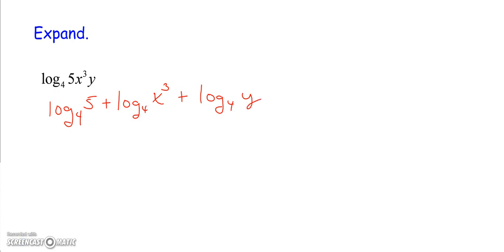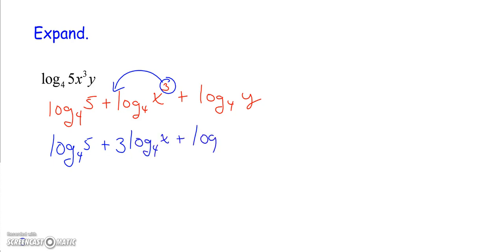There's only one other rule I can use to simplify here. I can take this 3, I can move it in front, so my final answer is log base 4 of 5 plus 3 log base 4 of x plus log base 4 of y.